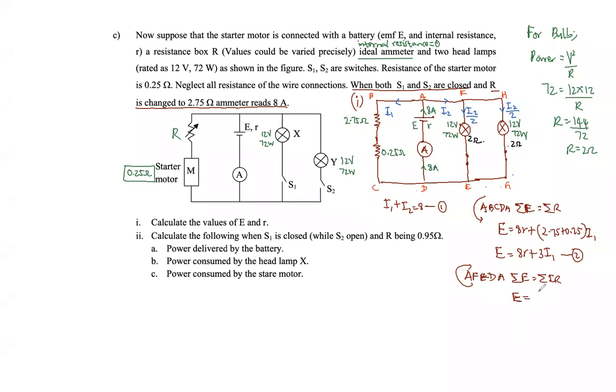Sigma IR: 8R through the internal resistor, plus the current I2 by 2 into resistance 2. So E is equal to 8R plus I2.